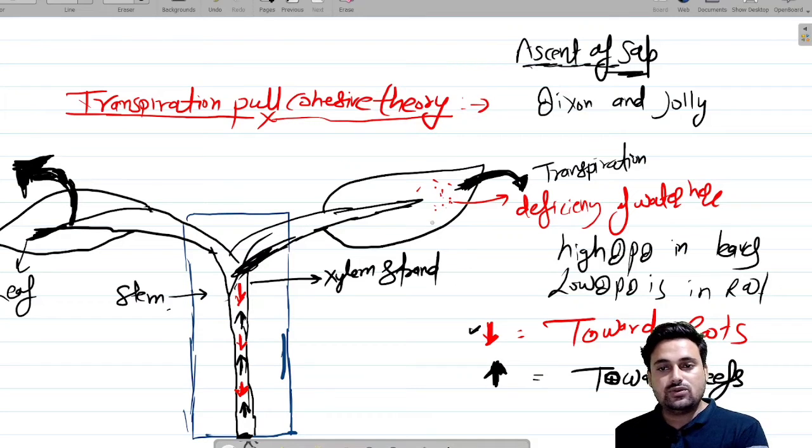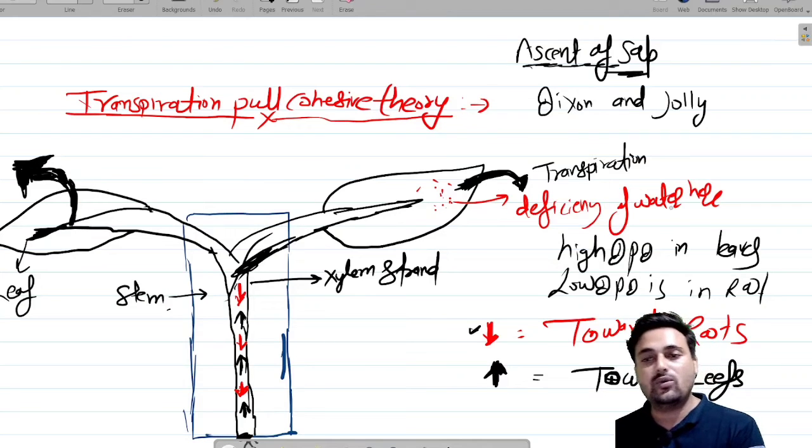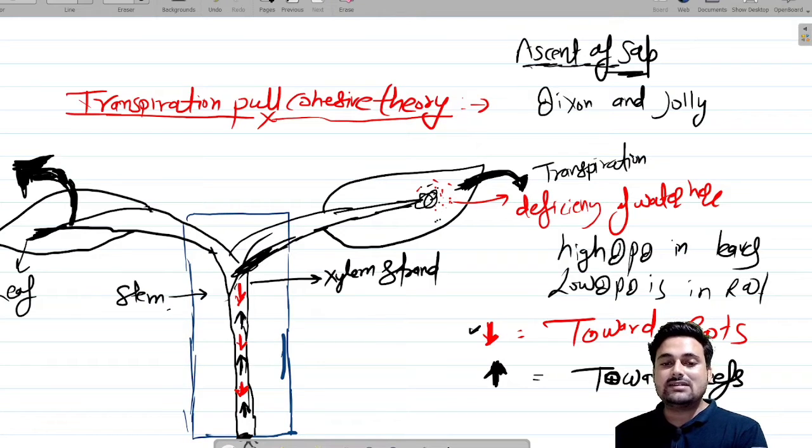Okay, so when transpiration is going on, there will be a deficiency of water, and to fill up this void there will be a sucking process going on through the root here.